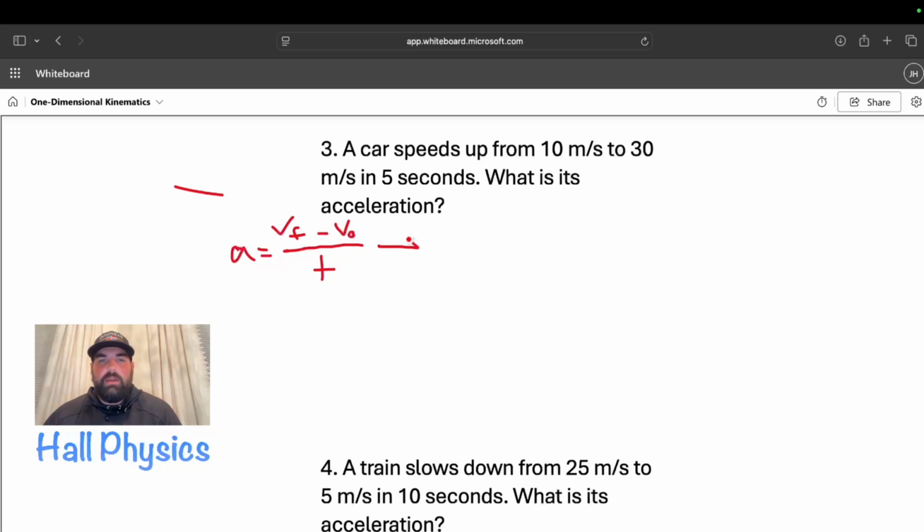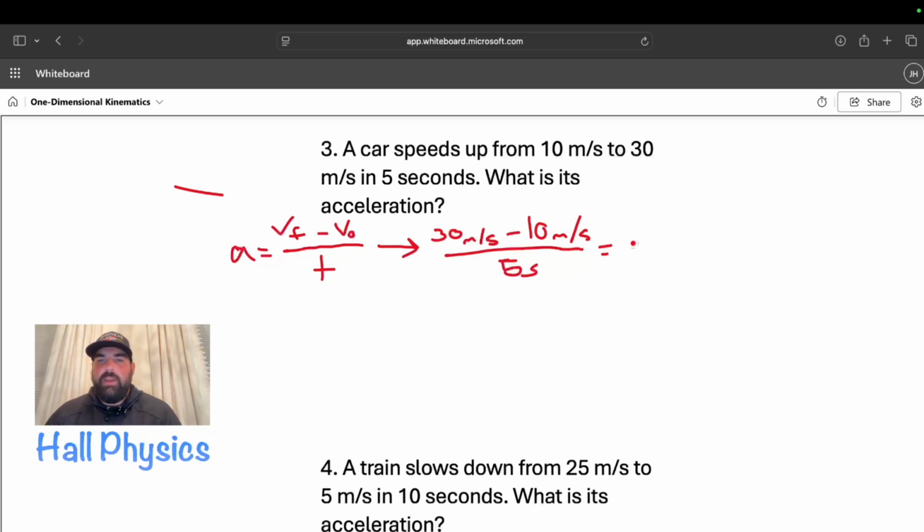If I plug my numbers in, my problem should look like this. It'll be 30 meters per second. Remember, units are important. 30 meters per second minus 10 meters per second, divided by 5. Remember, acceleration is just a change in velocity.